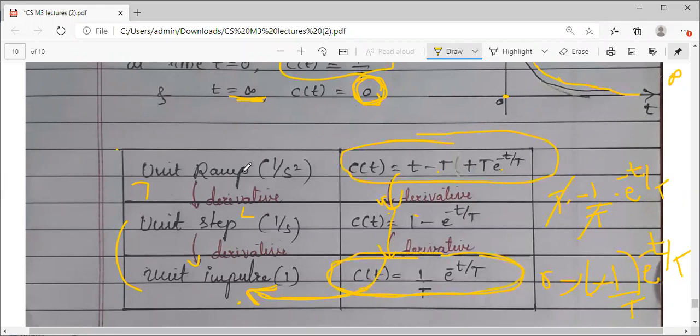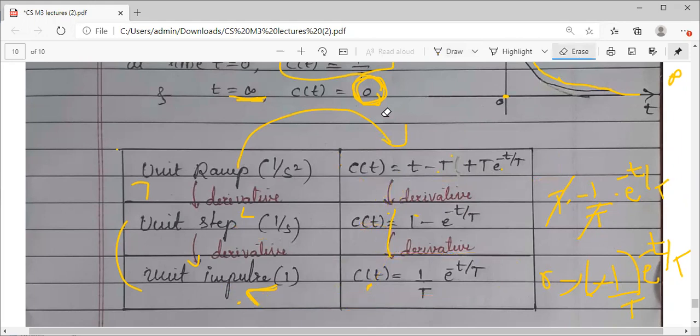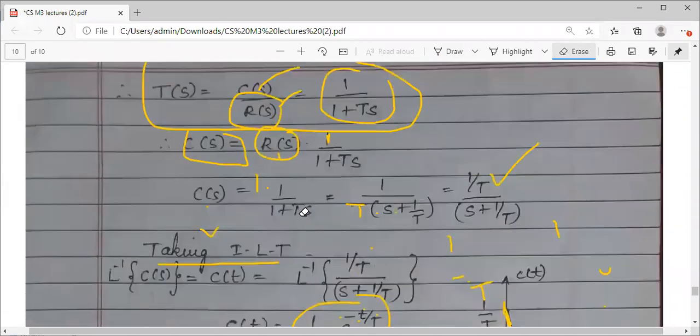Try to understand. If we know the ramp output, we can find out the impulse output. If we know the ramp output, we can find out the step output. It is like that. Okay, so this is how we deal, and in today's session we have seen 3 different inputs applied to the system. Okay, what was the system considered?